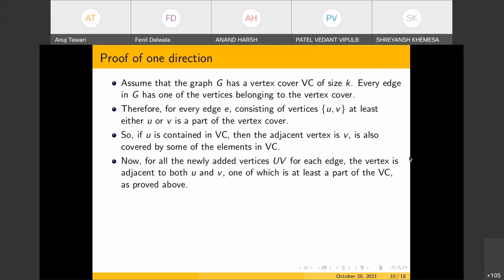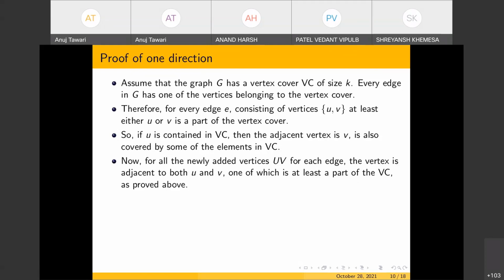So this vertex is adjacent to both u and v, at least one of which is a part of the vertex cover. Here we are using the fact that for every edge, at least one of the vertices will be a part of the vertex cover.